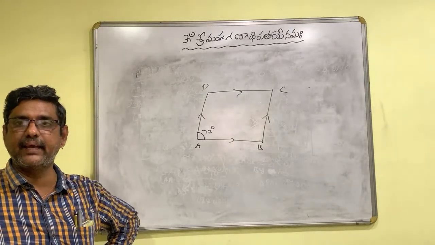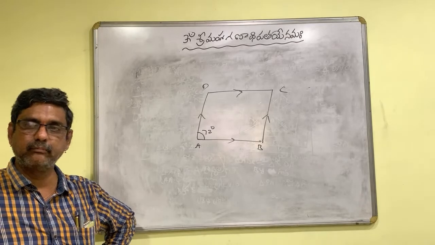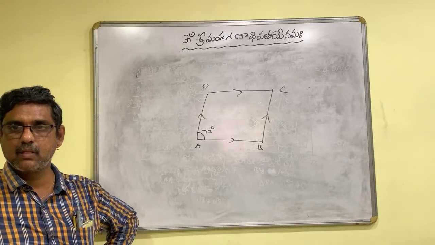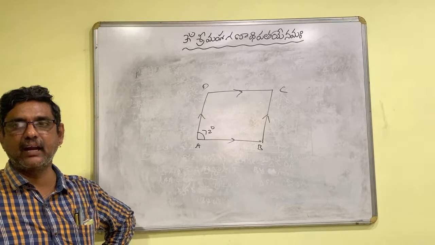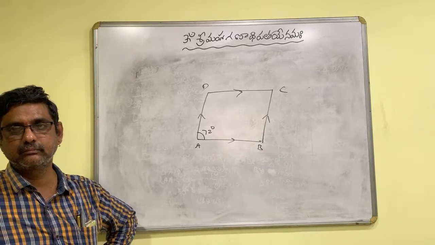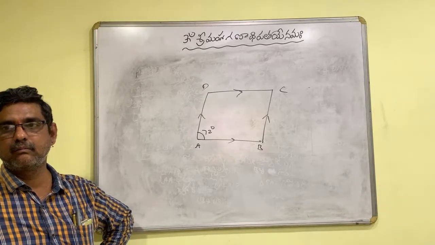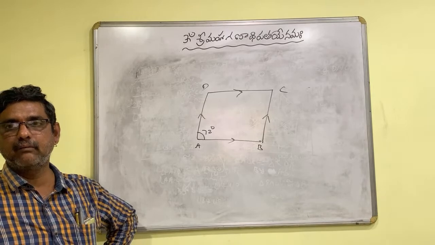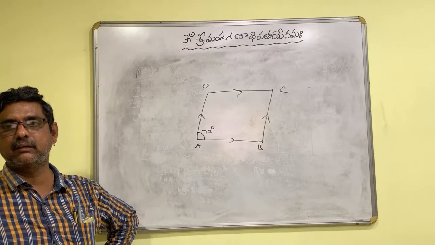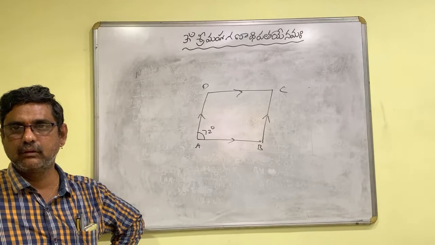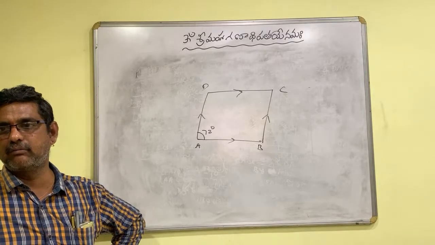ABCD is a parallelogram. Can we find the remaining three angles? No. Mahesh, you are not able to find.